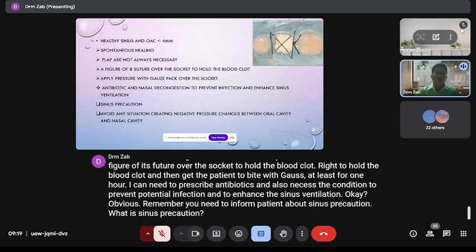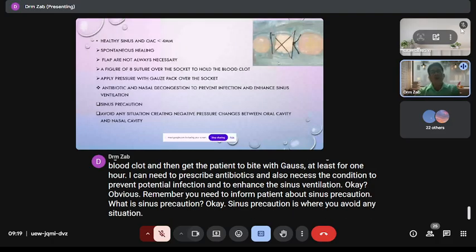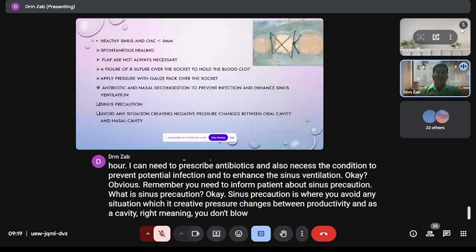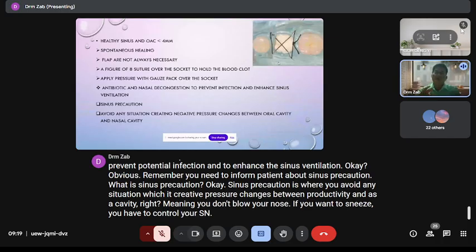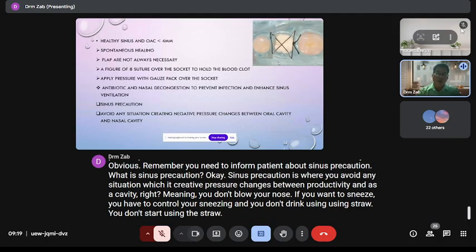What is sinus precaution? Sinus precaution is where you avoid any situation which creates negative pressure changes between the oral cavity and nasal cavity. Meaning you don't blow your nose. If you want to sneeze, you have to control your sneezing. You don't drink using a straw. You don't suck using the straw.